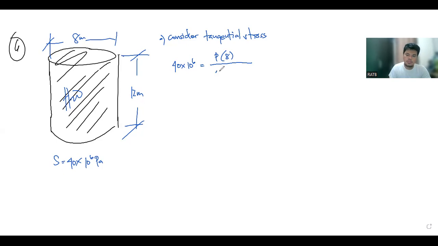Okay, so this would be 2P. And then letter B, we consider the longitudinal stress.